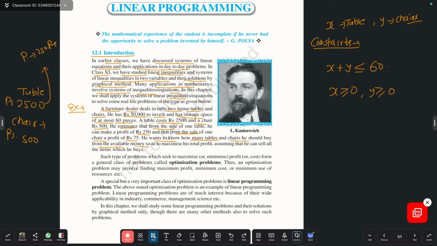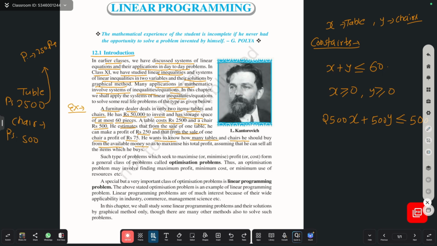Another constraint: the cost of one table is 2500 rupees. So if you purchase X tables, then 2500X plus the chair cost, 500 into Y, should be less than or equal to 50,000, not 5,000.